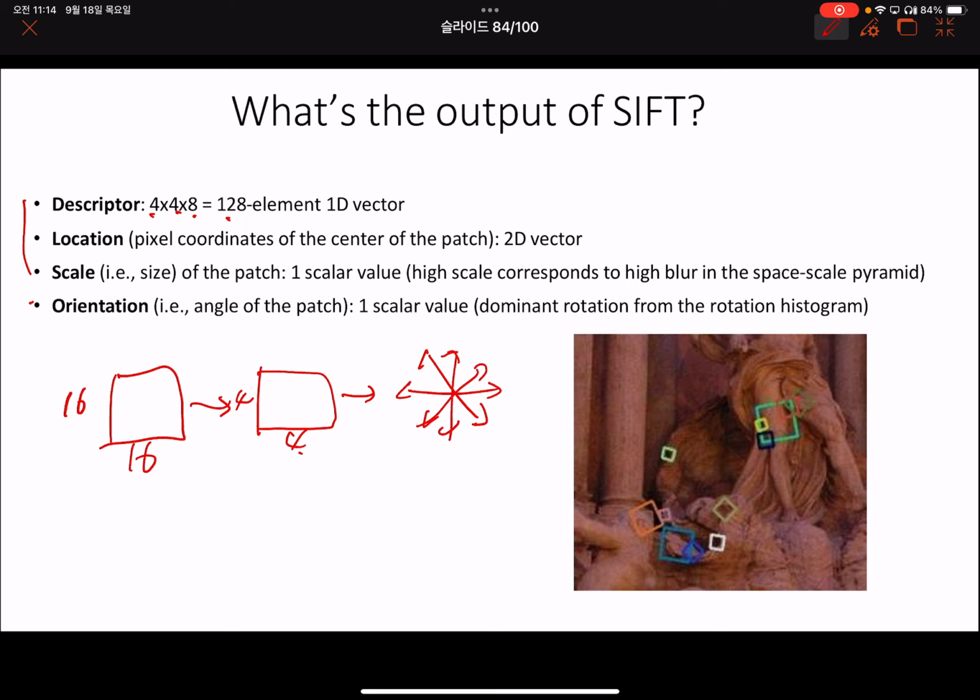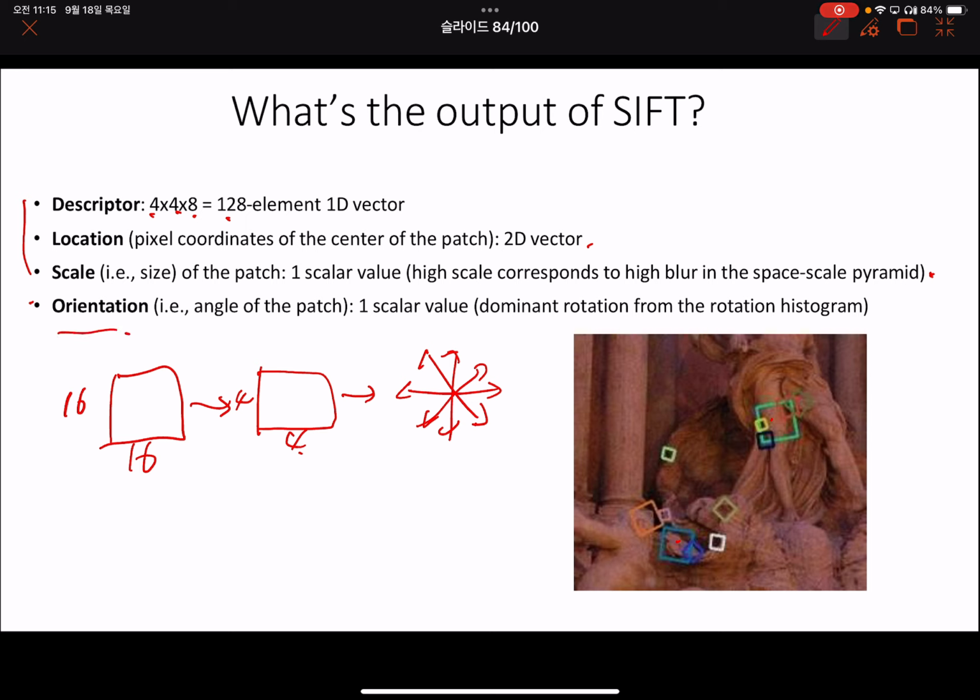That is the first one. And location of this local patch: when we compare 26 neighbors, as I said, the black cross dot pixel, we learned this, right? The position of the pixel, and scale. We need to know the octave and the scale within each octave, right? So that we know scale and orientation.